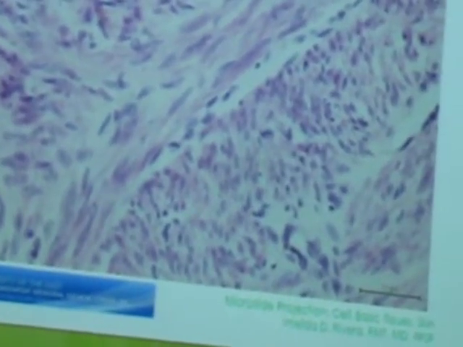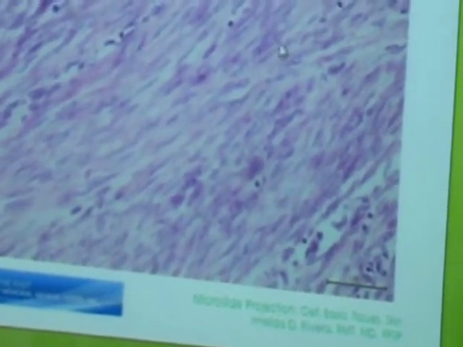Can you classify? It is composed of fusiform shaped cells with cigar-shaped nuclei, smooth muscle.